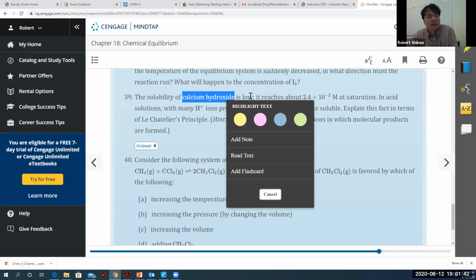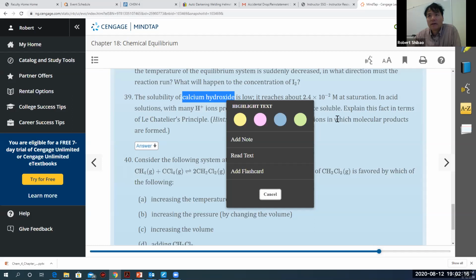The discovery of penicillin is something that wouldn't have been caught unless the person who discovered it had some basic knowledge memorized. You see this would be a conflict: they're saying the solubility is low, but wait a minute, didn't we say calcium hydroxide was one of the soluble ones? And so this gets people thinking at a deeper level.